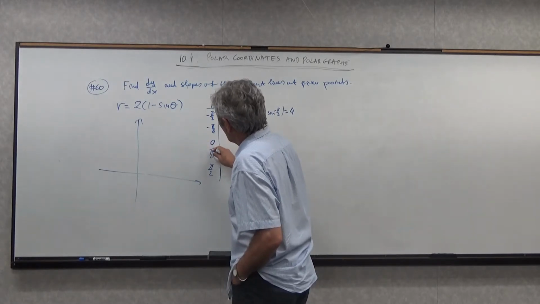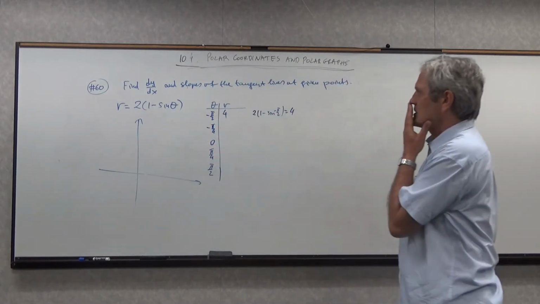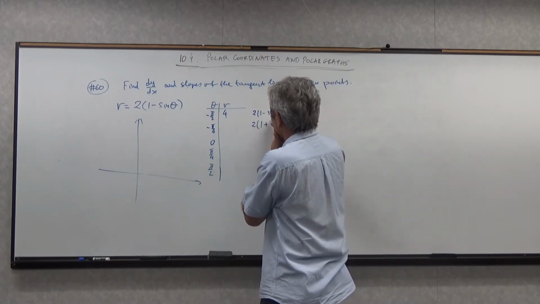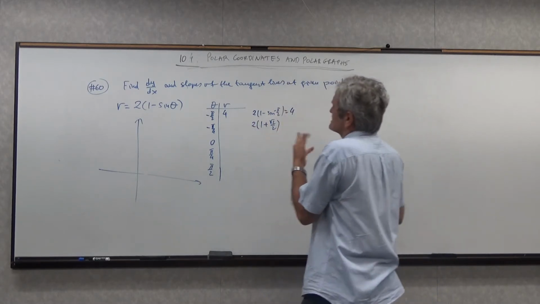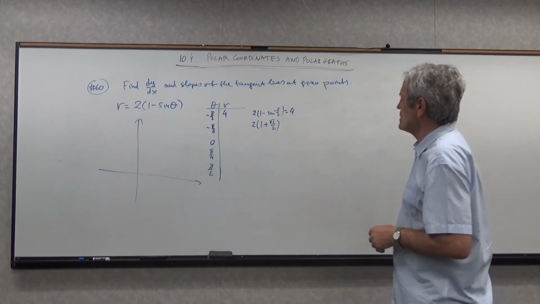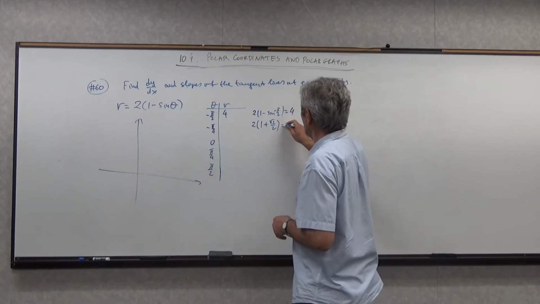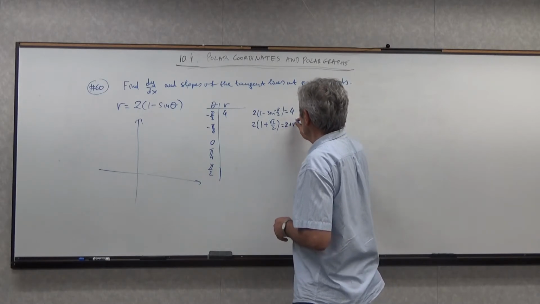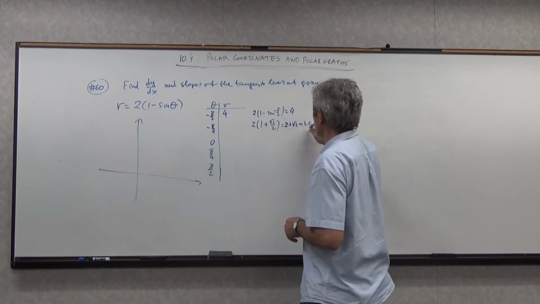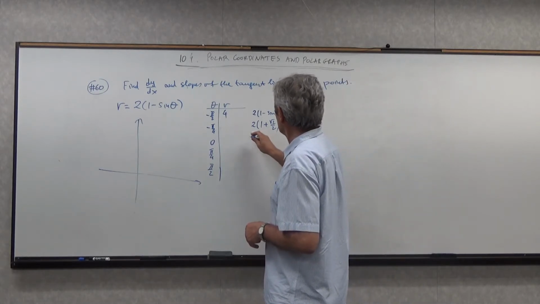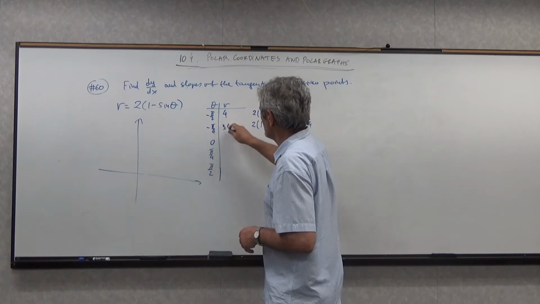What happens at negative pi over 4? It will be 2 times (1 minus negative root 2 over 2), so a little shorter than what I have. That will be 2 plus root 2, which is approximately 3.4.